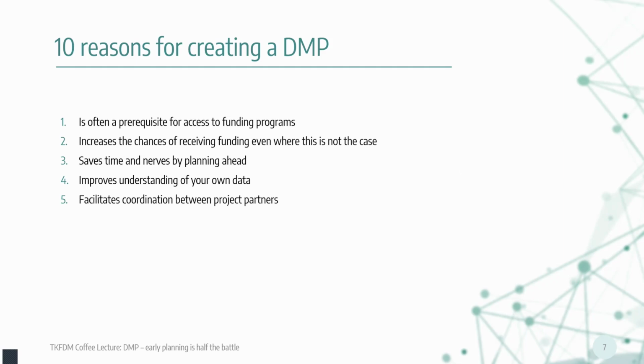It facilitates coordination between project partners. Oftentimes, you will have partners from other institutions, other countries, even other continents. So it's good to have a common document. And it is the basis for any RDM relevant parts of a project's budget calculation, as we've already talked about.